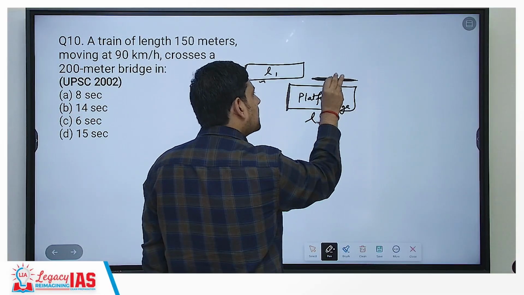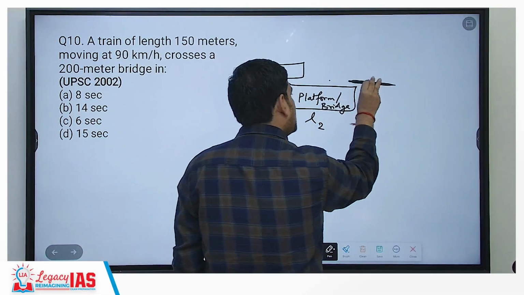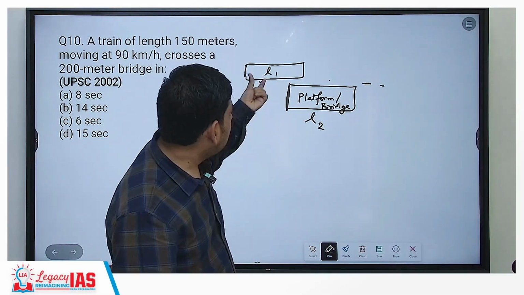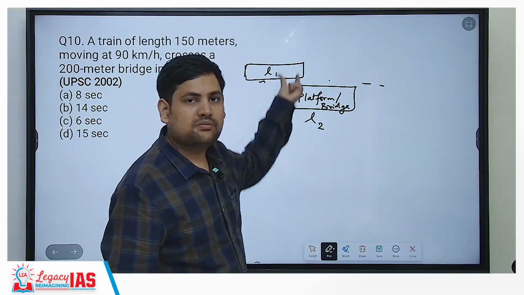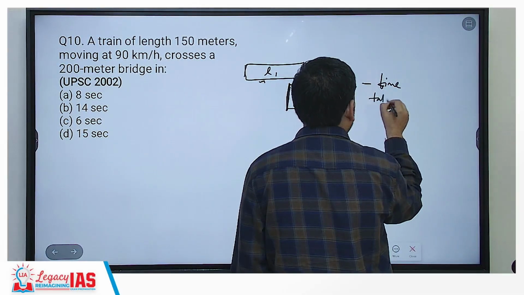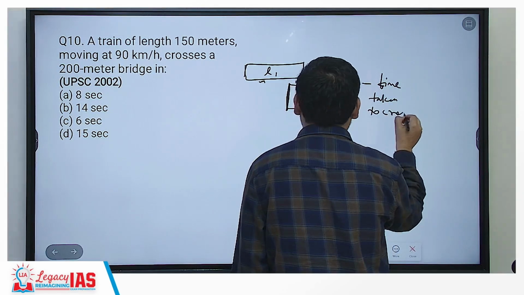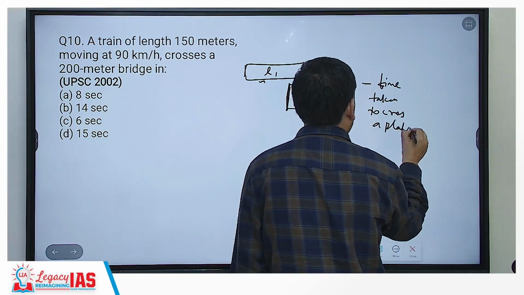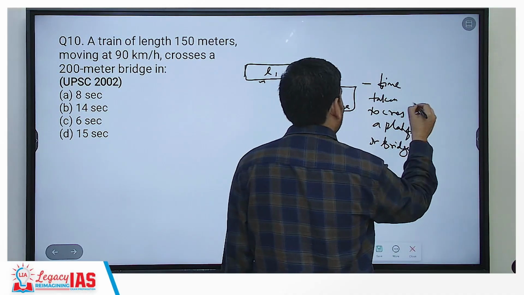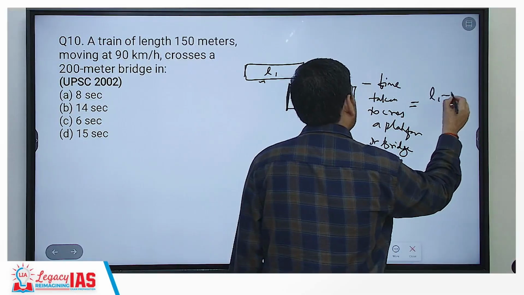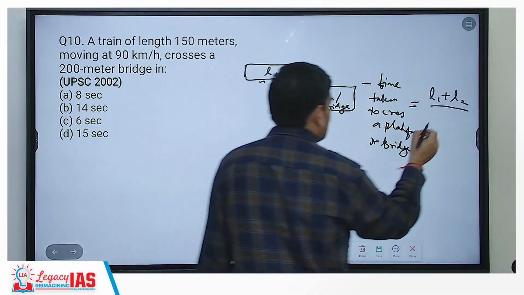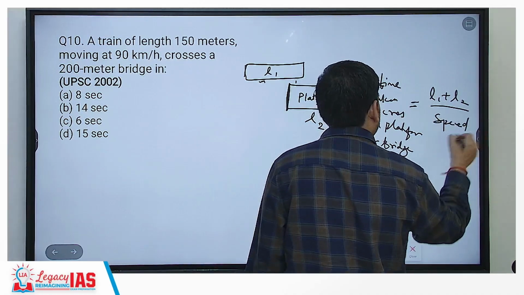The platform is covered only when the end point also moves out of the platform, that is, it has to move a distance equivalent to the sum of both of them. So here, time taken to cross a platform or bridge will be equal to L1 plus L2, that is the length of the train and the length of the platform or bridge, divided by the speed of the train.